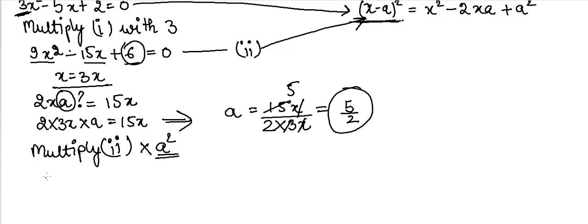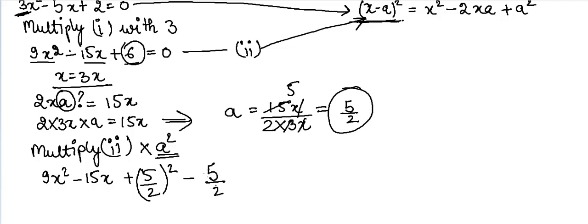Now you can write it as 9x square minus 15x plus (5 by 2) whole square, and similarly you will subtract (5 by 2) square. You can't just add anything of your choice. You have to add and you have to subtract so that your basic question doesn't change. You can't change the question, so you are adding and subtracting so that their effect will be 0. Plus 6.